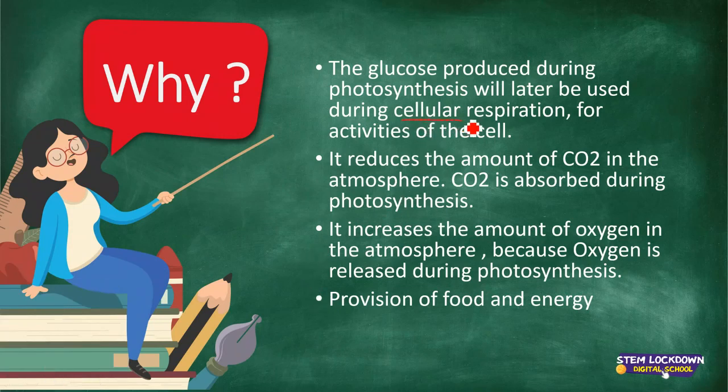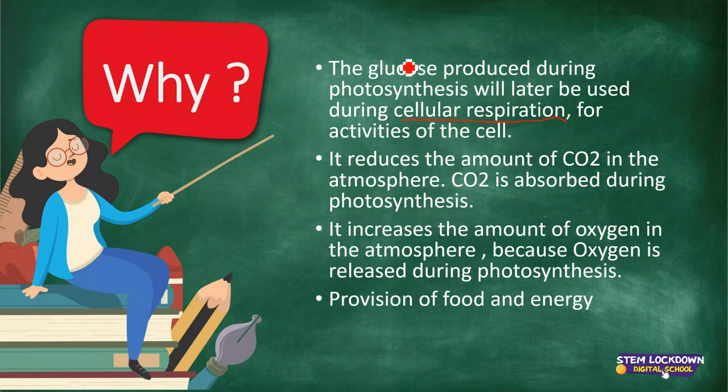So we will be talking about cellular respiration in a few days to come. The glucose produced during photosynthesis will later be used during cellular respiration for activities of the cell. And then photosynthesis reduces the amount of carbon dioxide in the atmosphere.